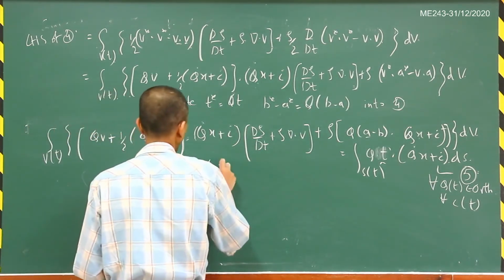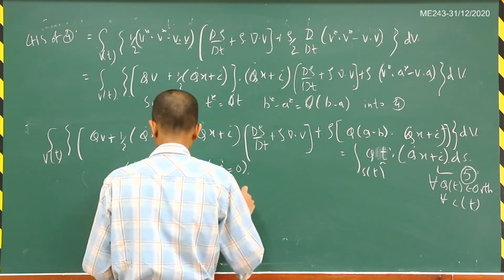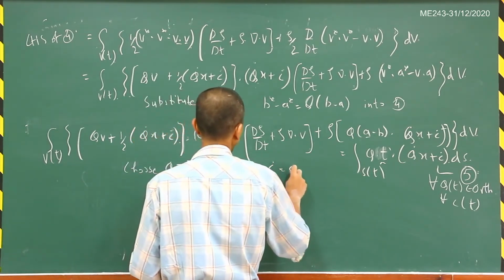So that means your q dot is equal to 0, and c dot is equal to a constant vector.